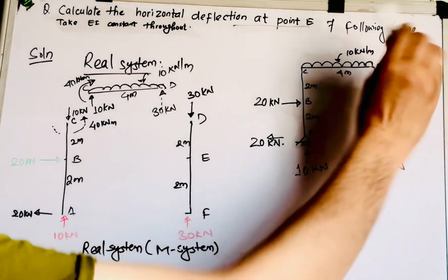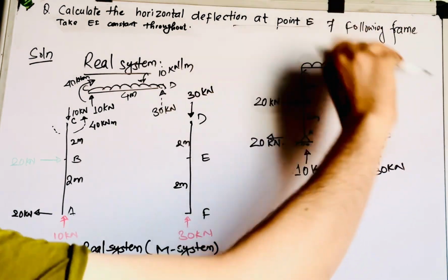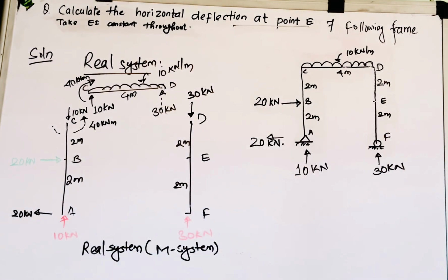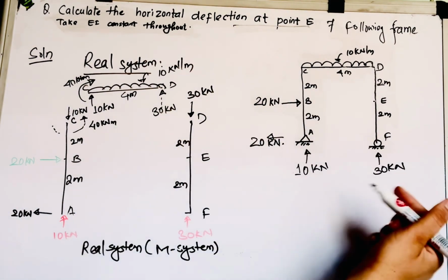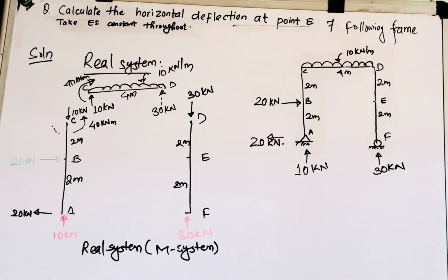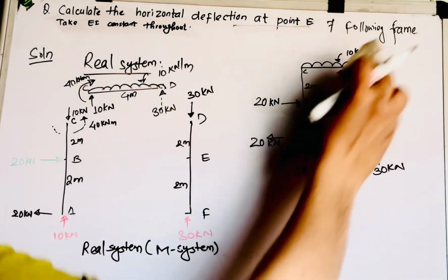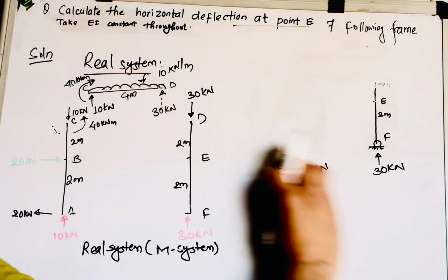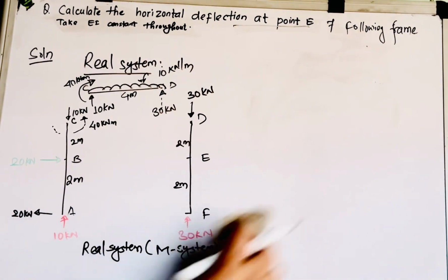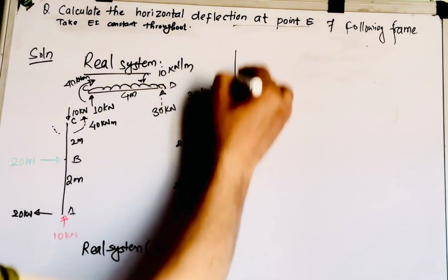Maybe like this unit load or maybe like this, based upon your assumption. There is no problem in the direction you assume at point E. It must be a horizontal unit load at point E, since we are solving this by the unit load or virtual load system. So I will make this virtual load system like this.